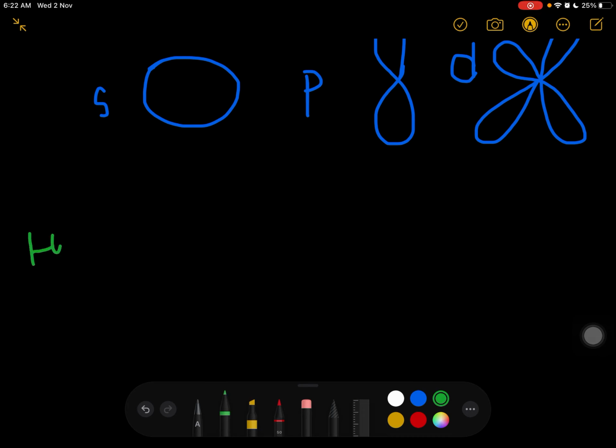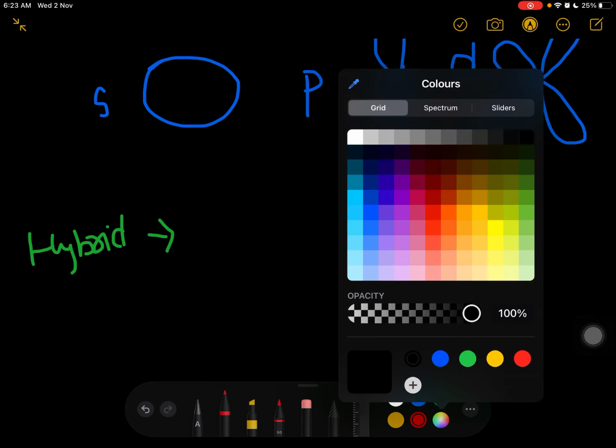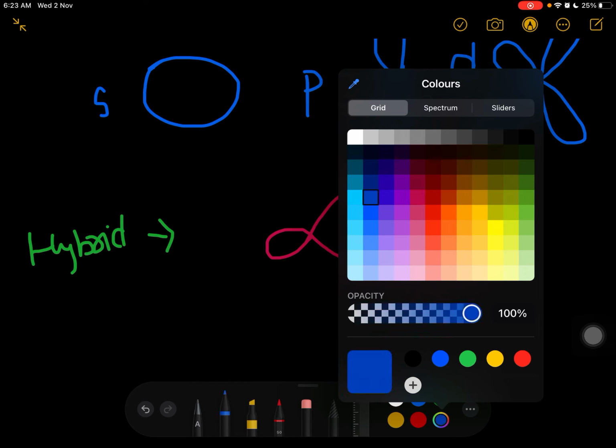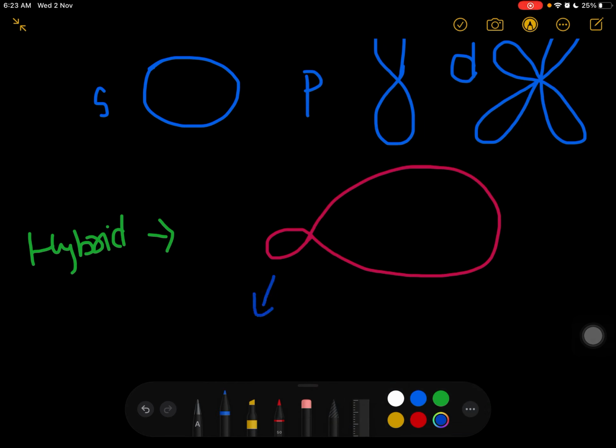Now what's the shape of the hybrid orbitals? They are like this. Let me make them. This is a smaller lobe, and there is a large lobe. This is the small lobe, and this is the large one.